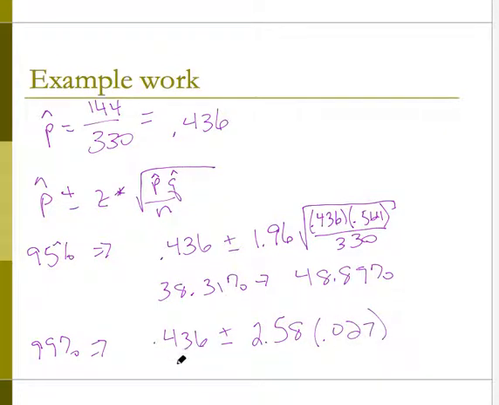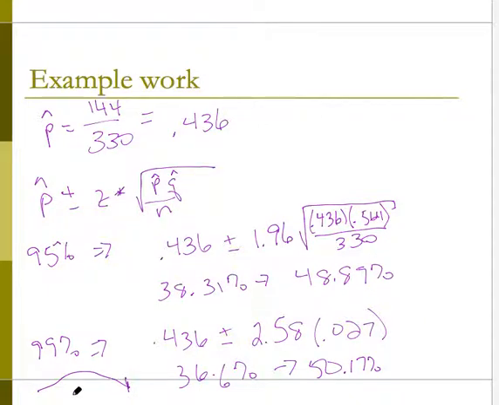So now when I figure that out, I am 99% confident that between 36.6% and 50.17%, I can read my handwriting, 17% of the voters will vote yes. So because I have a wider interval, I'm 99% confident.